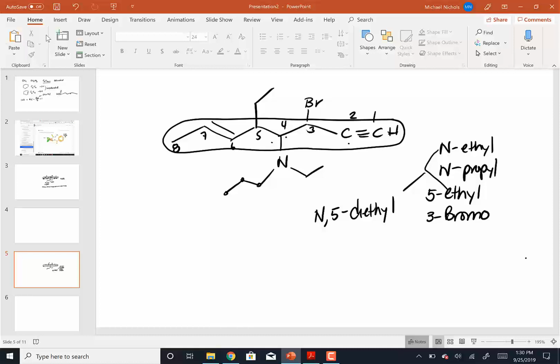So all we're saying here is, when I read the name diethyl, I'm going to say there's an ethyl group attached to nitrogen, and then there's an ethyl group attached at whatever the number is in the chain. But the N will always go first. So the N is really replacing a number. So that's what happens when you have the same alkyl group attached to nitrogen as attached to the longest chain.